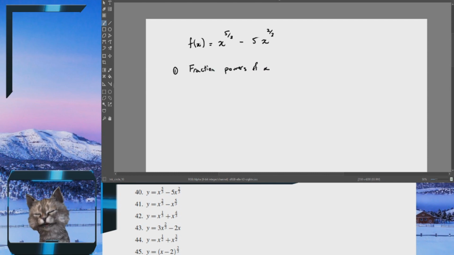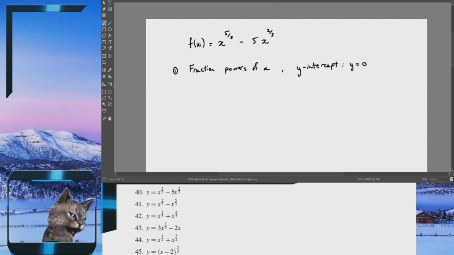So aside from the fraction aspect, it looks very polynomial-like, but we'll see it makes a big difference. I can, however, say what the y-intercept is. When I plug in x equal to 0, I get y equal to 0.